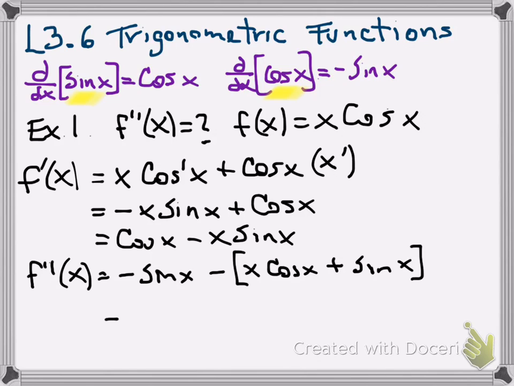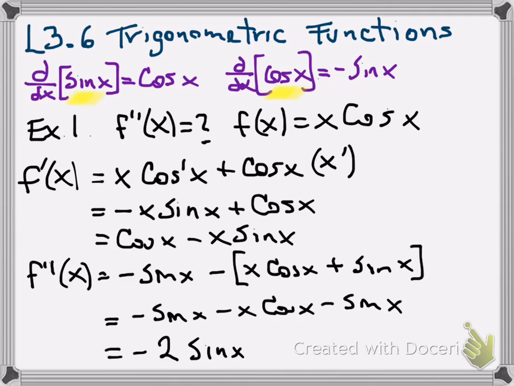So the final answer for this one will be negative sine of x minus x cosine of x minus sine of x, which equals negative 2 sine of x minus x cosine of x. And that's the answer, and that's what they were asking for.